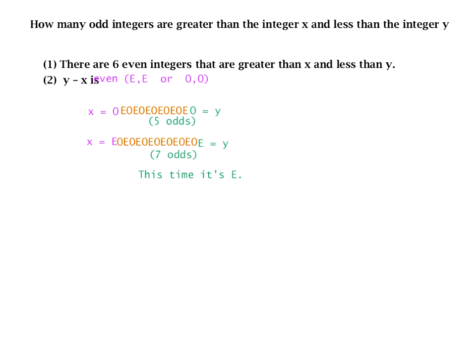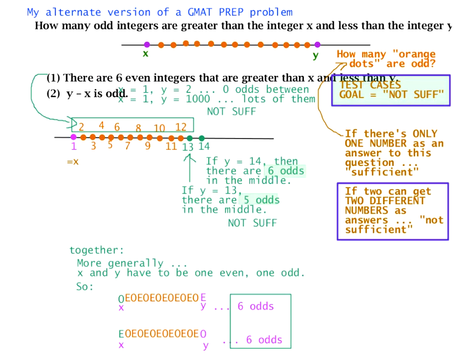Okay. Let's take, if y was 16 and x was 2, in that case you would have, in the original question, there's the original question. What is your question?